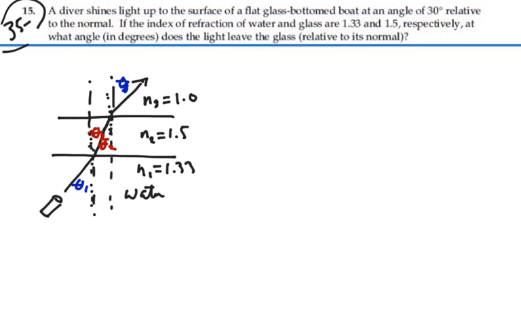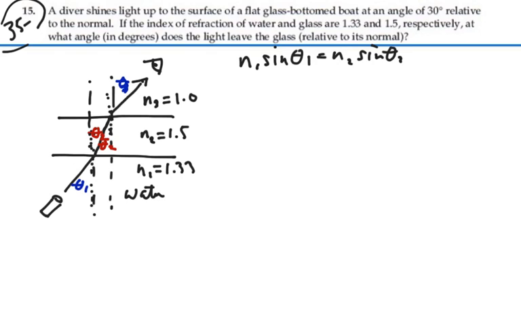As we look at these interfaces with the light originating in the water and going up, eventually reaching the observer's eye, we can apply Snell's law to this problem. So we have n1 sine theta 1 should equal n2 sine theta 2.